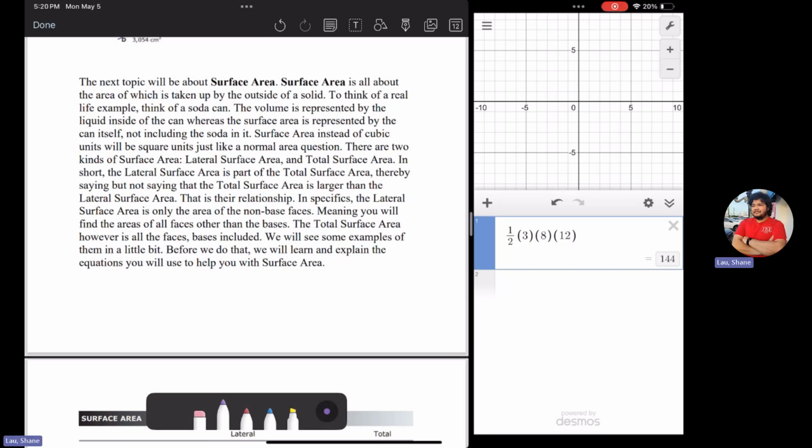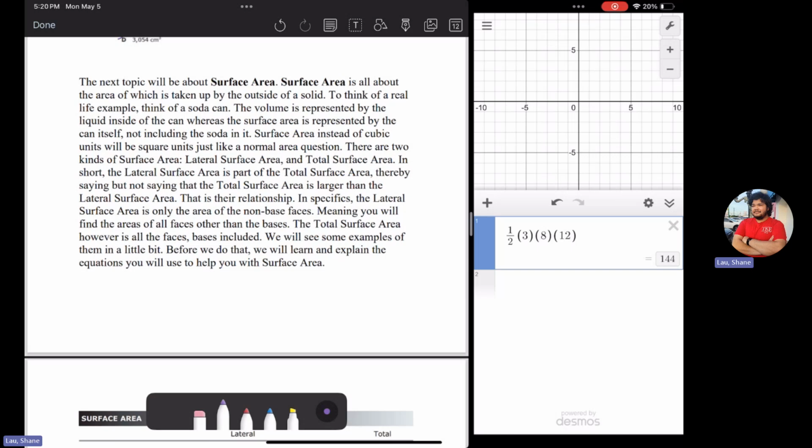Lateral surface area is essentially just the areas of the faces, not including the bases. Which sounds kind of redundant and difficult to hear, but it's all the faces except the bases.